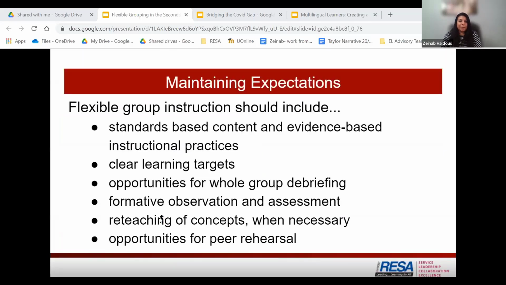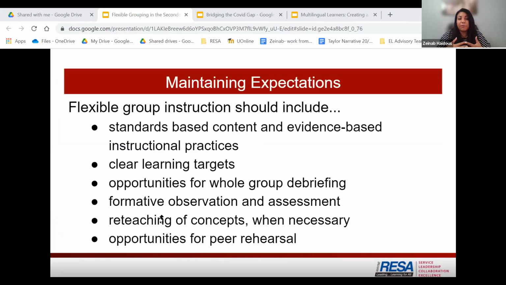So once we establish the roles and the working agreements and the protocols for engagement, we can then maintain expectations by framing the group learning within the lesson's learning targets.